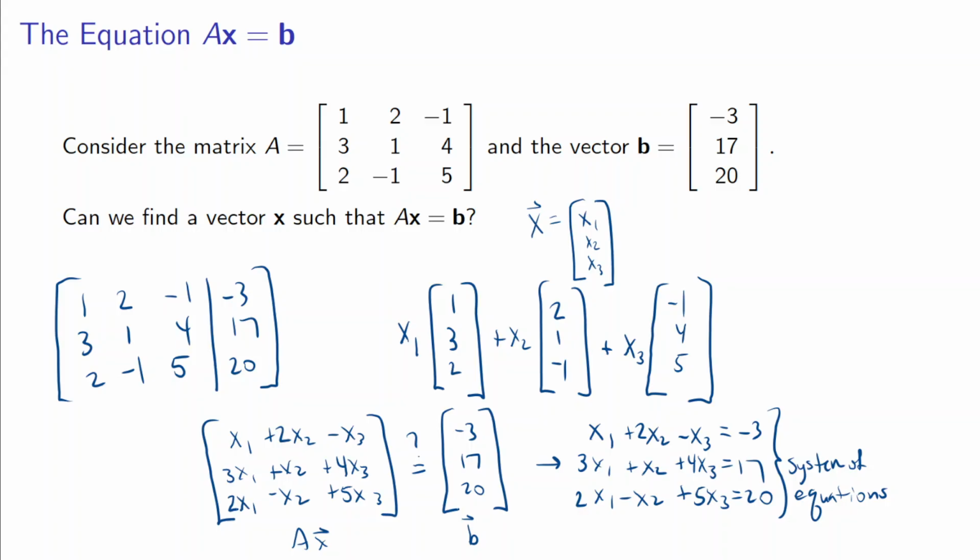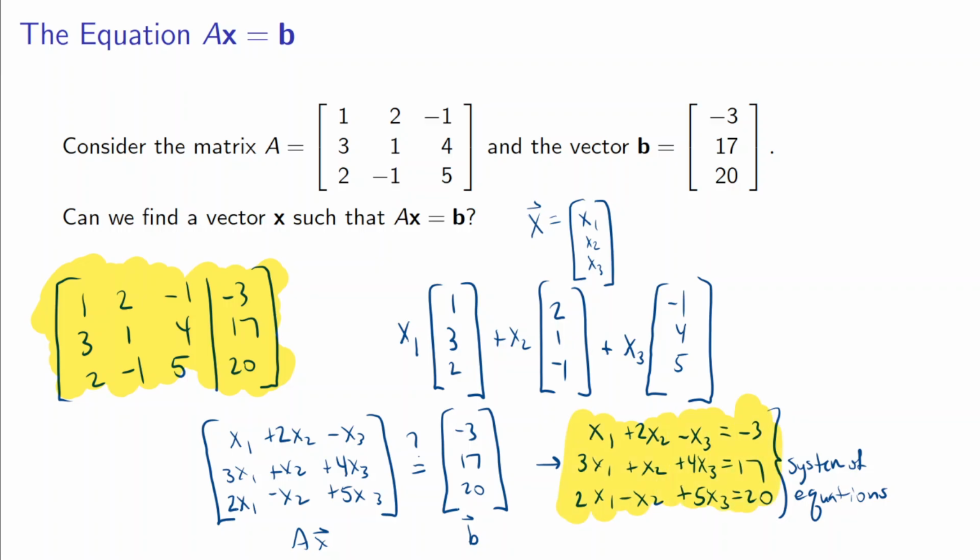And so this equation, AX equals B, will have a solution, X, precisely when this augmented matrix here can be row reduced and show us a solution, because then we would have a solution to this system.